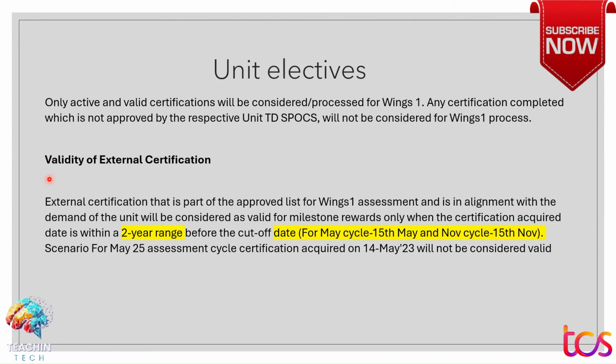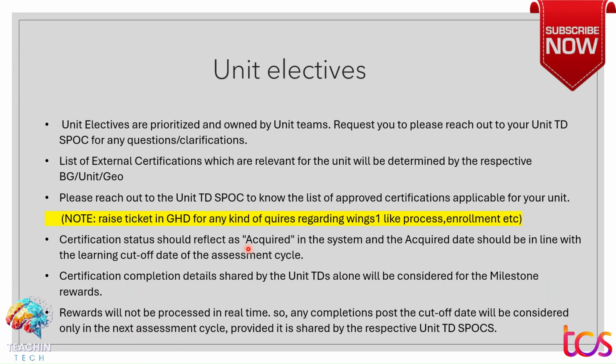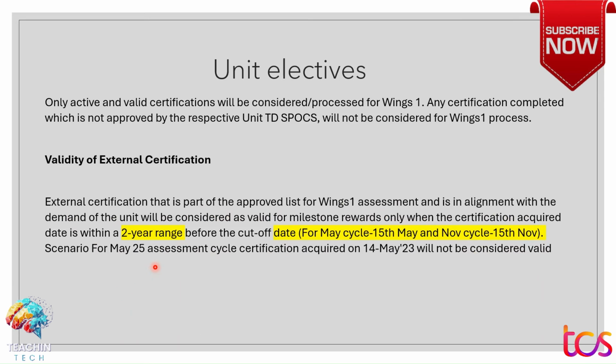So this is the main update from the team regarding the validity of external certifications. This is the validity cutoff date, but this learning cutoff date is different from the validity cutoff date. So let us see this external certification, that is part of the approved list. I'm telling approved list, it should be part of the approved list for WINS1 assessment, and in alignment with the demand of the unit, will be considered as valid for milestone rewards only when the certification acquired date is within a 2 year range.